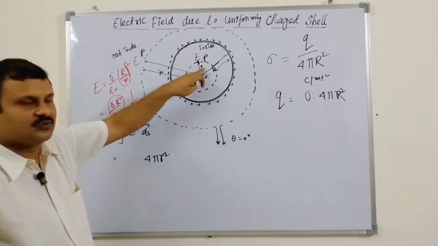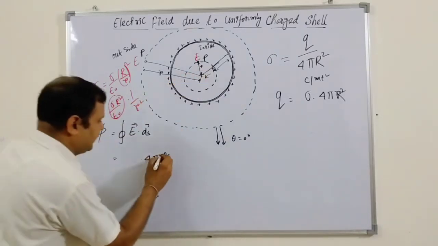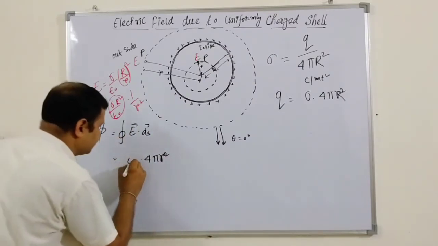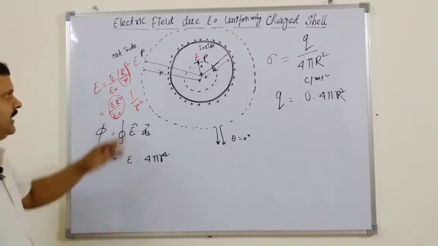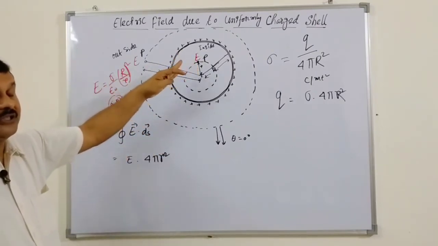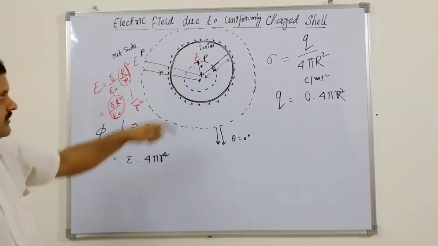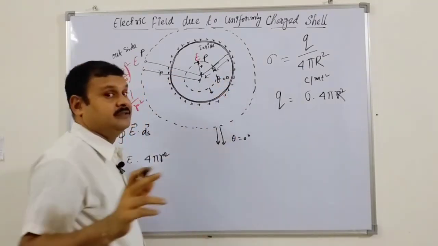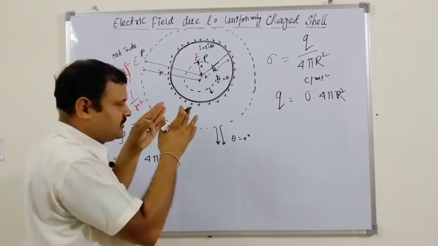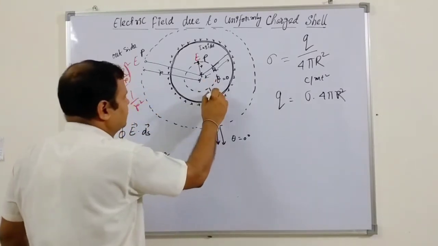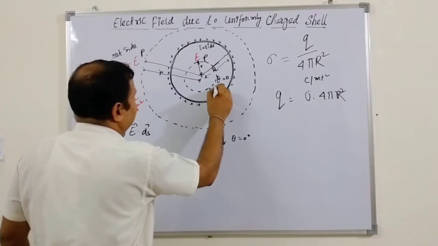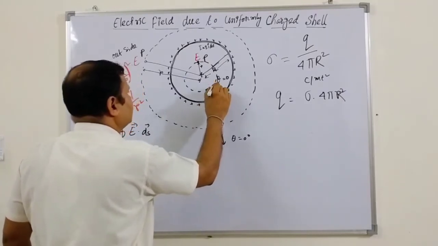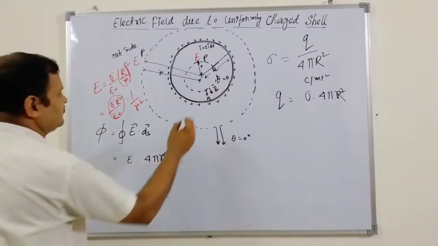So this is the area, and suppose this is E. Then cos theta is 1, theta is 0, because all are parallel. This electrical field, though it does not exist, is considered just for thinking before reaching this conclusion. So the electrical field and the area vector will be parallel to each other, so cos theta is 1.